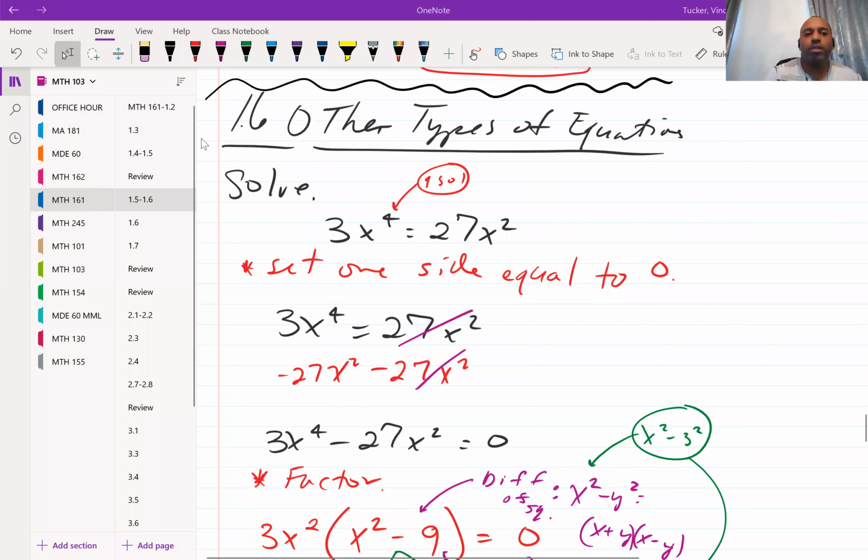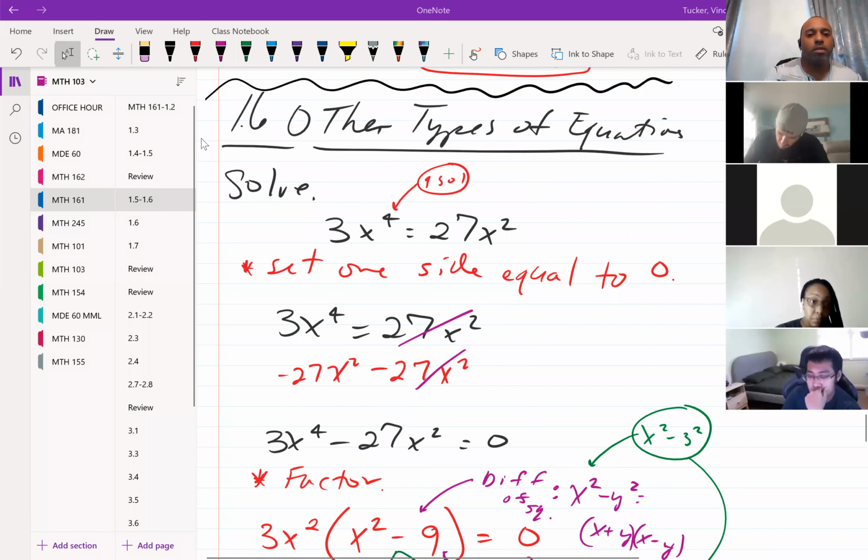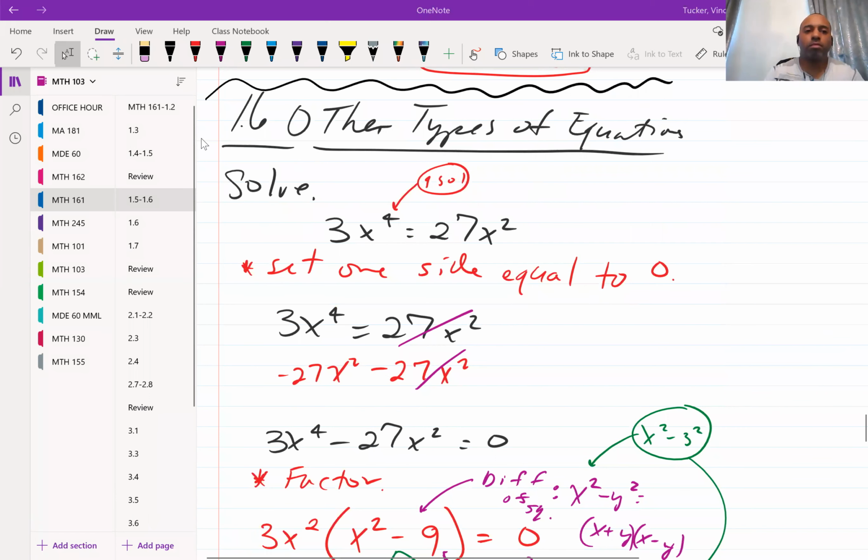A few people still coming in. All right, so 1.6, other types of equations.